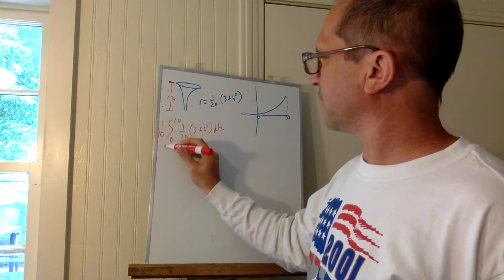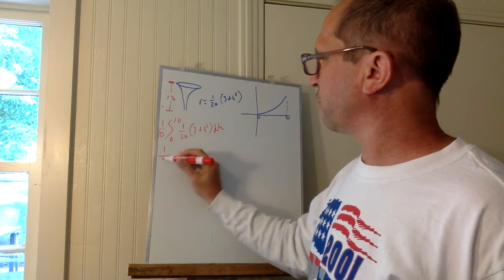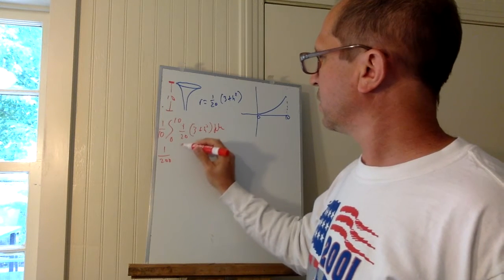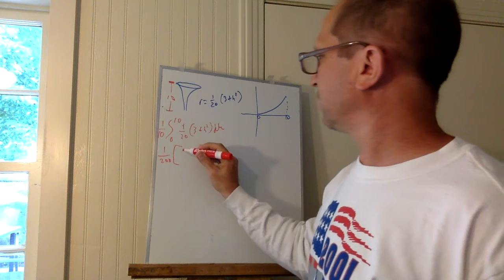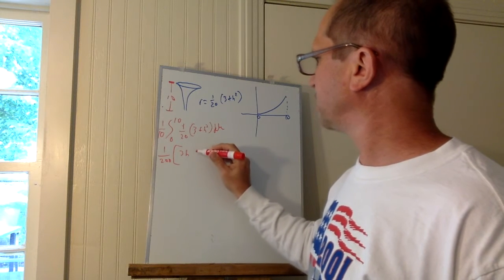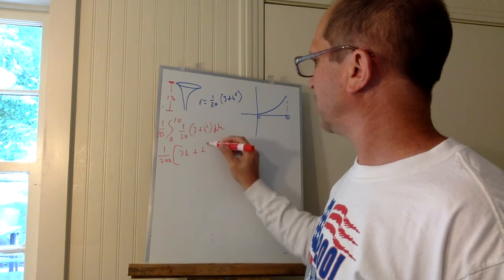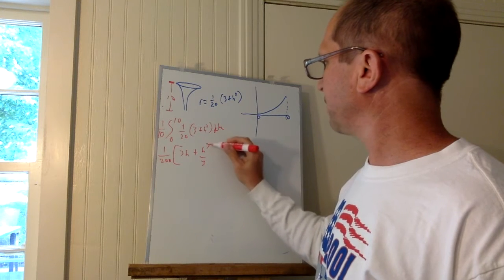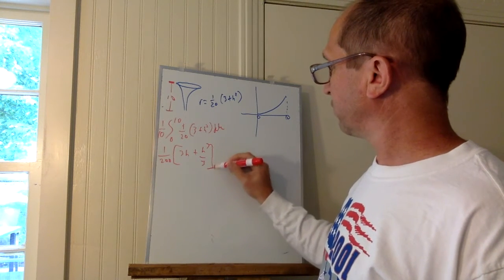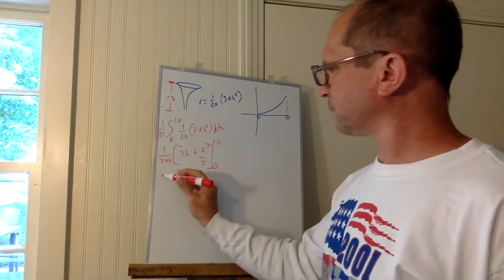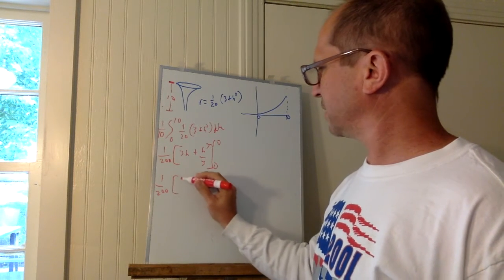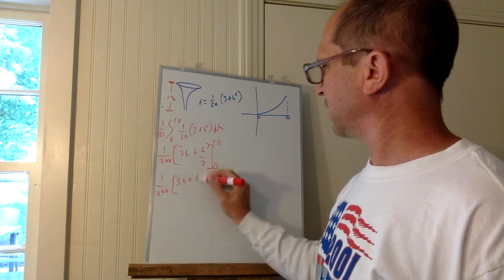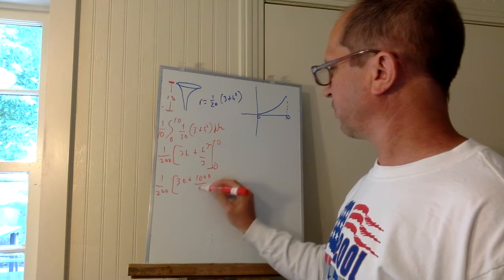Pulling that out, that's going to be 1 over 200 times the integral, so this becomes 3h plus h cubed over 3 from 0 to 10. So it's 1 over 200 times (30 plus 1,000 over 3).